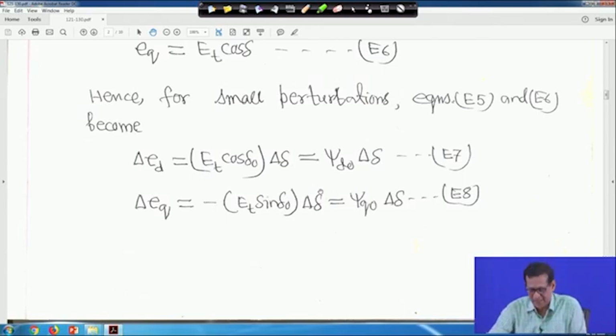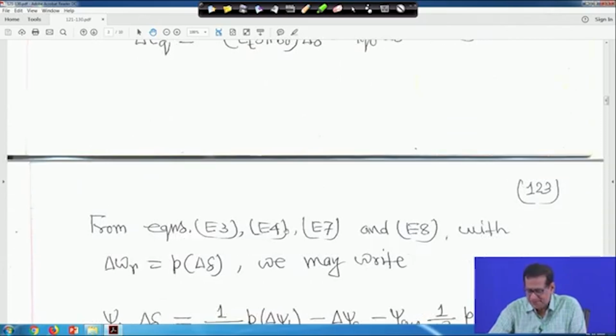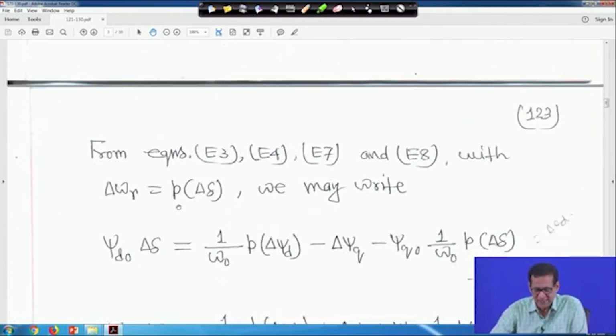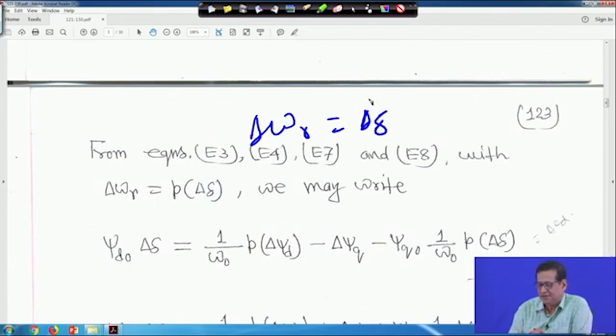So, understandable, right. Now, from equations E3, E4, E7 and E8, with delta omega r equal to p delta, because we know that p is d/dt, therefore delta omega r is equal to delta dot, that is nothing but p delta.